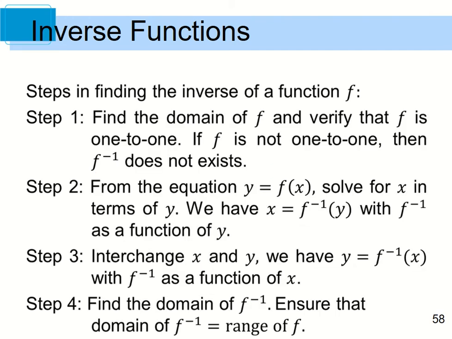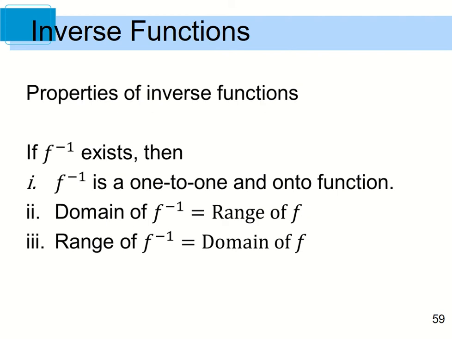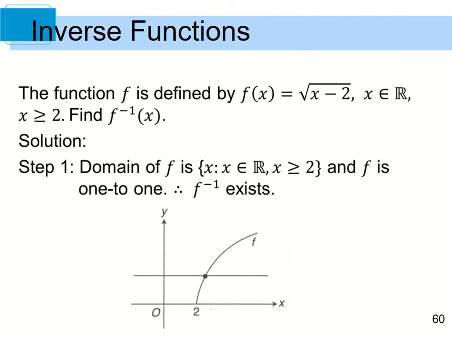Now let's take a look at one example. Let's say we have a function f equals the square root of x minus 2. From here we know that the domain is x is greater than or equal to 2. Why? Because the value inside the square root has to be at least 0.